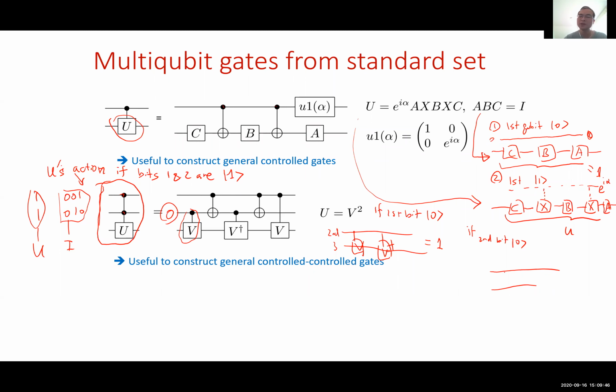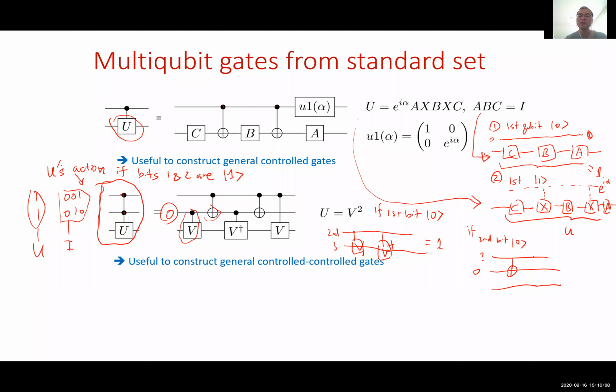So this does not activate. And this one may activate. So the second control NOT may activate depending on the first bit. So if we don't know what it is, we cannot say anything.